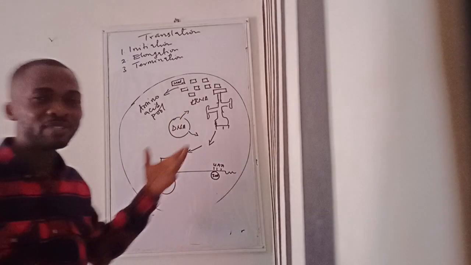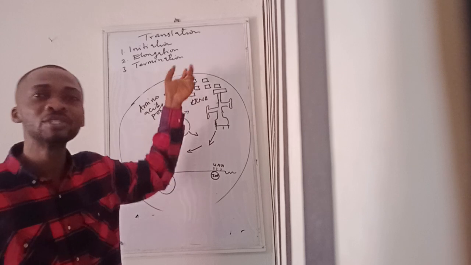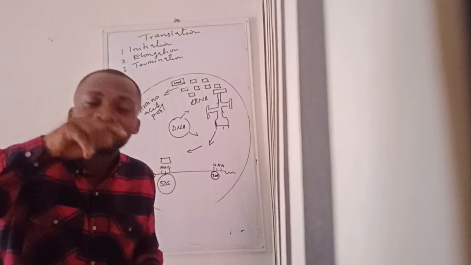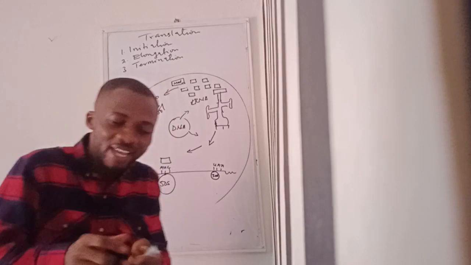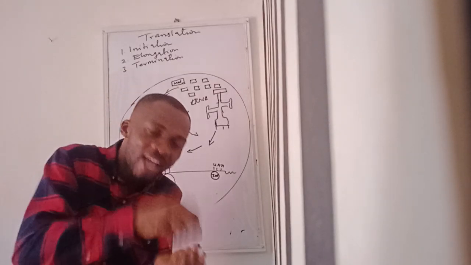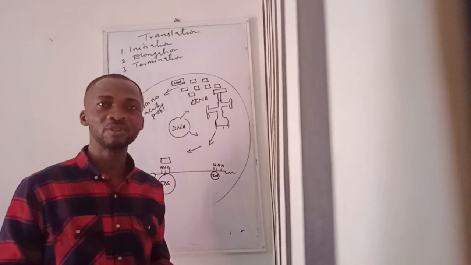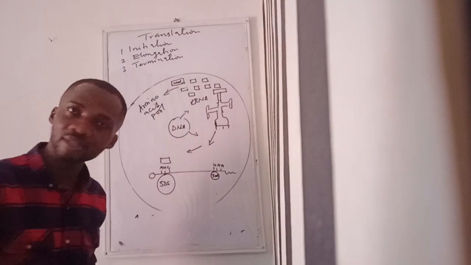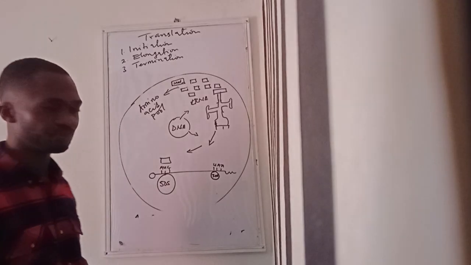But the transfer RNA may make mistake in picking the wrong amino acid. And that is why every single amino acid has its own enzyme, the enzyme that helps it to pick the correct amino acid and fix it on the surface of the transfer RNA. That's the function of that enzyme, amino acid transfer RNA synthetase.